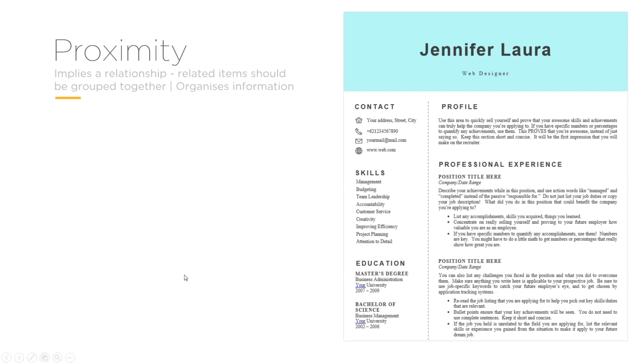For example, down in education, you can see that both of the degrees have more proximity and are closely aligned with all the information relating to that particular degree. And similarly, on the right-hand side, you can see that all the information relating to this position is in close proximity to each other, and the second position has information all closely related to each other.